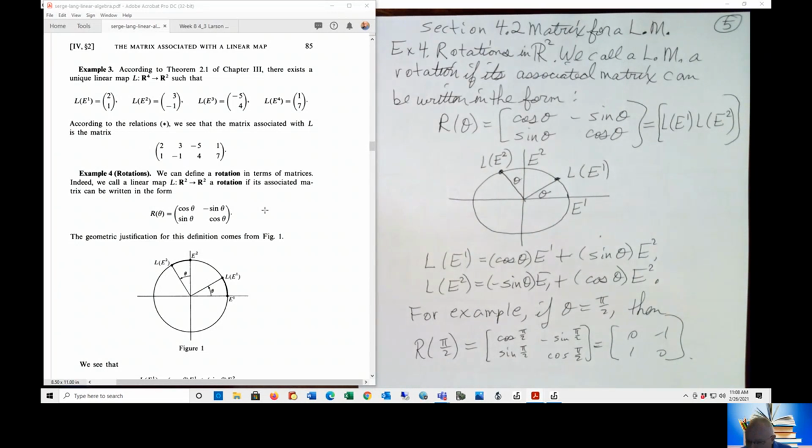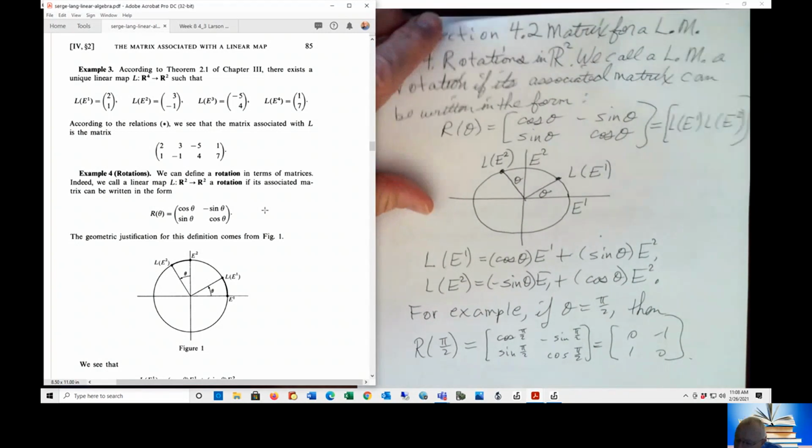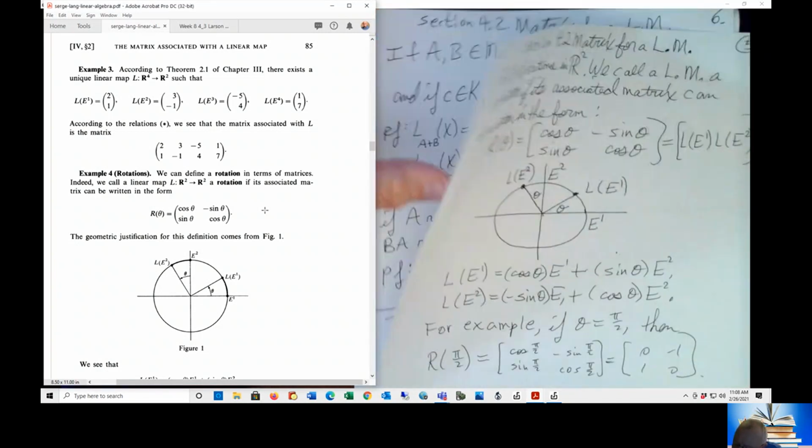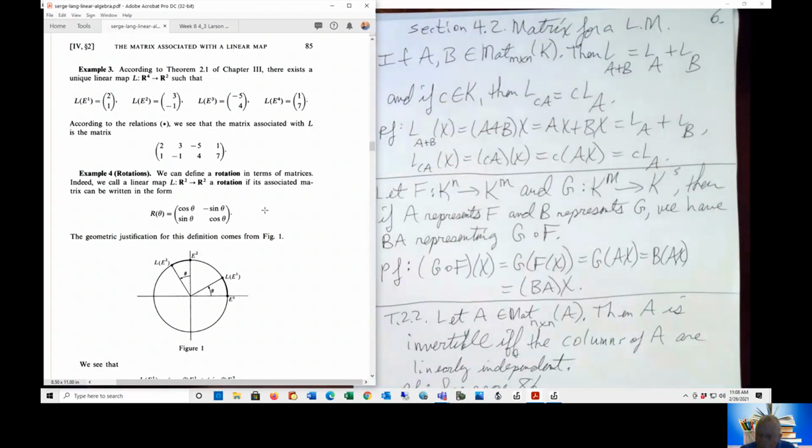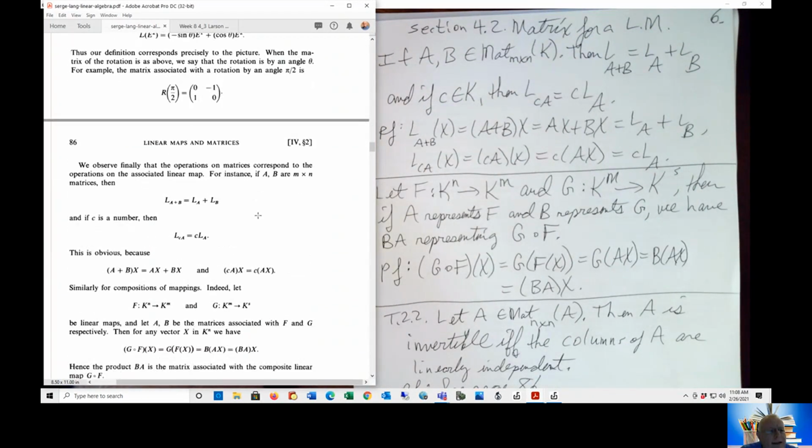So that would rotate points along the unit circle through the angle pi over 2. All right, so that is example 4.